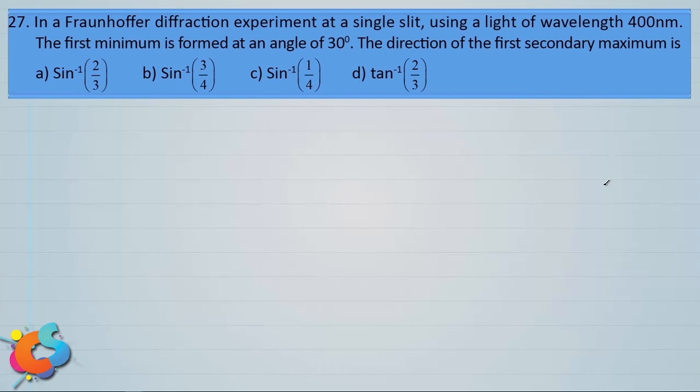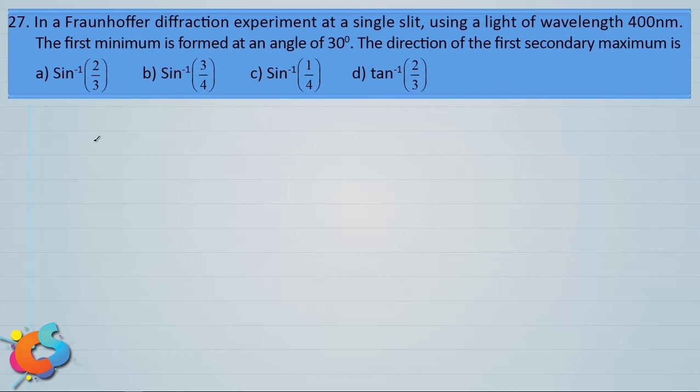Dear students, this is a problem based on the angular position of secondary maxima and secondary minima. We'll have to first remember the formulae for these angular positions. Let's write the formula first.